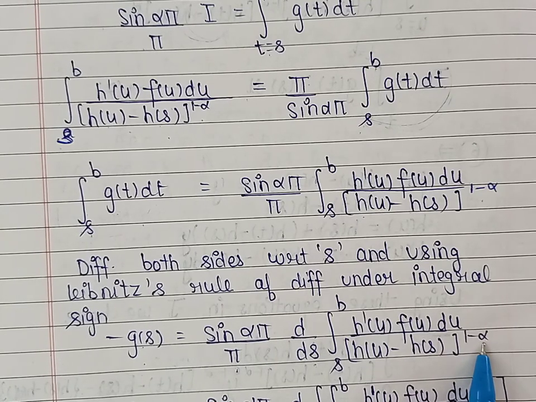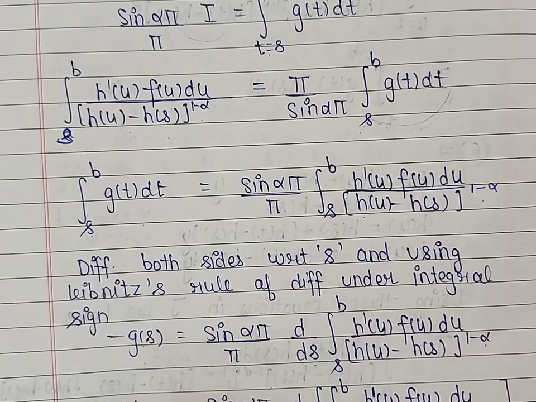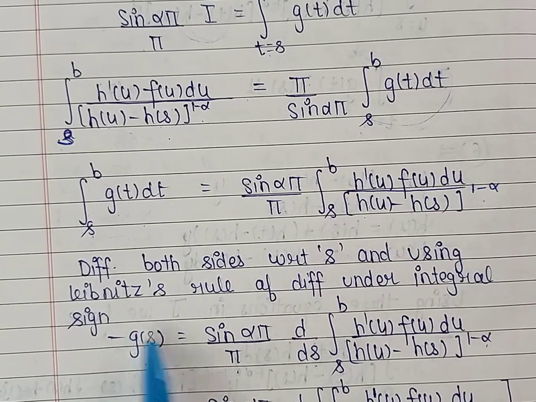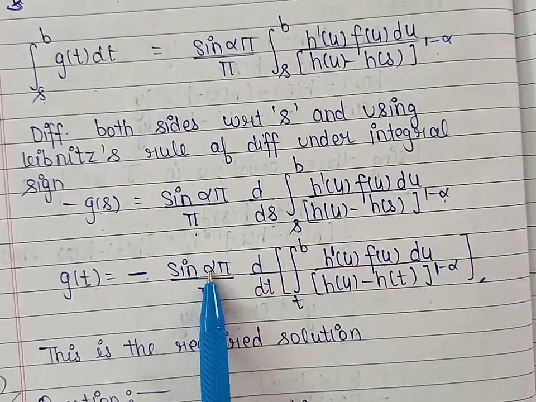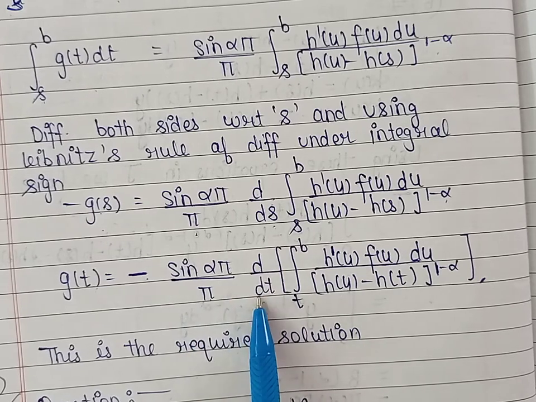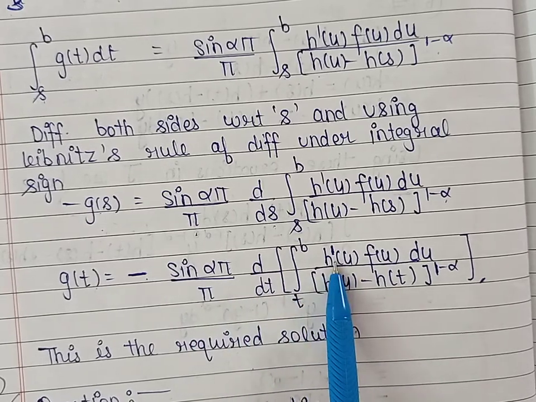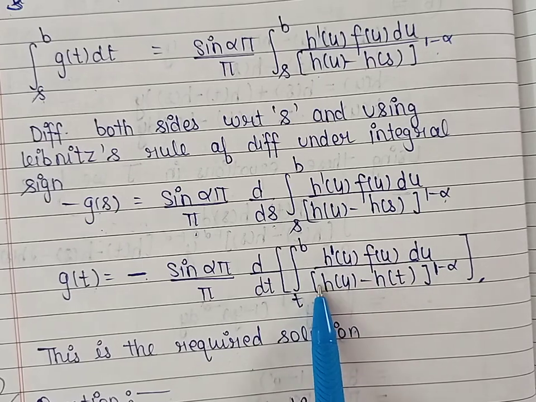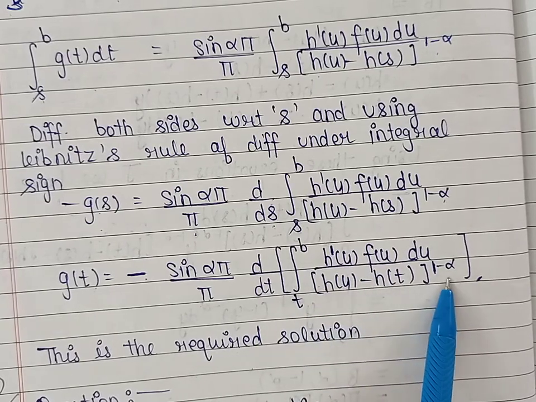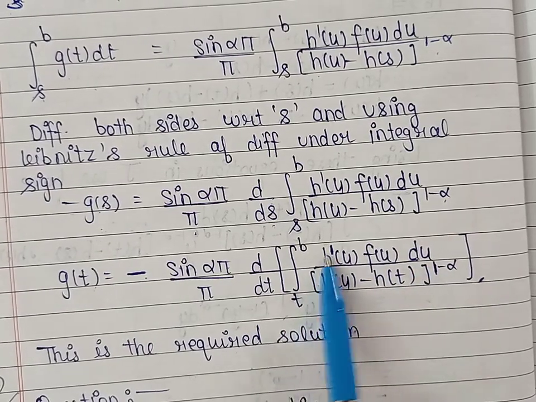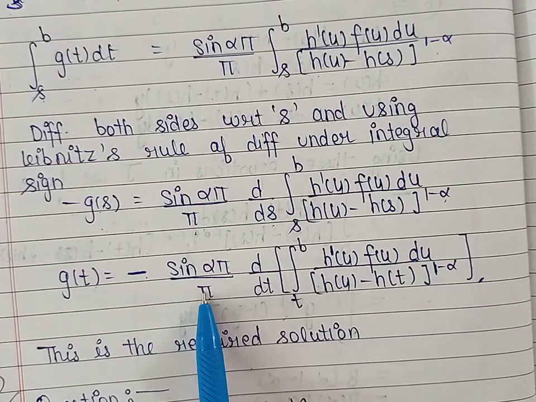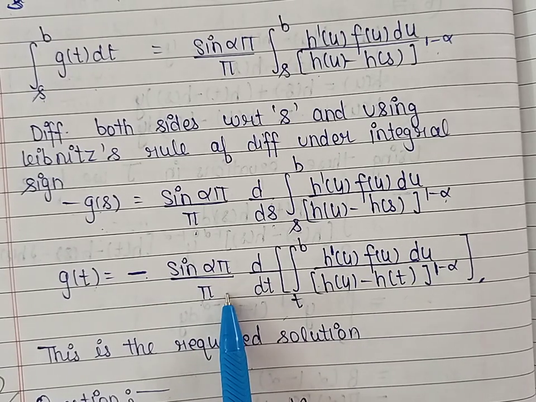Now, because we are to find the solution g in terms of t, we can replace s by t here and shift this negative sign to the right side. We get g(t) = -sin(alpha pi)/pi d/dt of the integral of h'(u) f(u) divided by (h(u) - h(t)) whole raised to the power 1 - alpha. Here the limits of integration of u are from t to b. So this is the solution of this other form of Abel's singular integral equation.